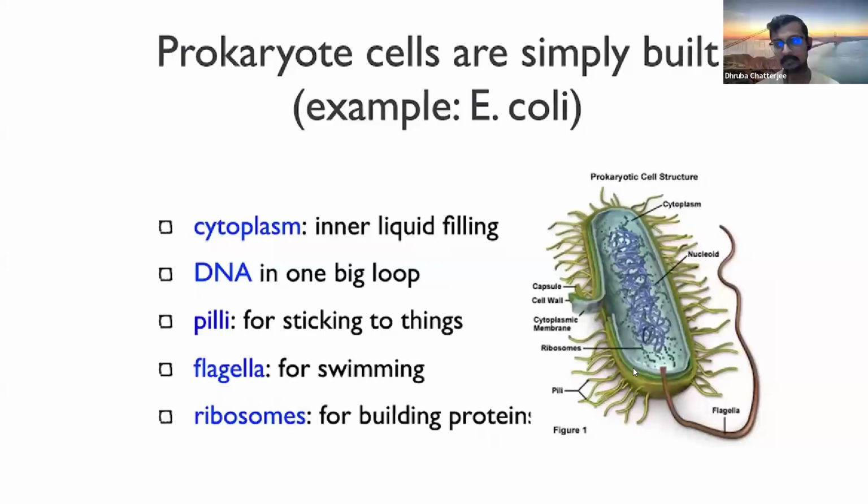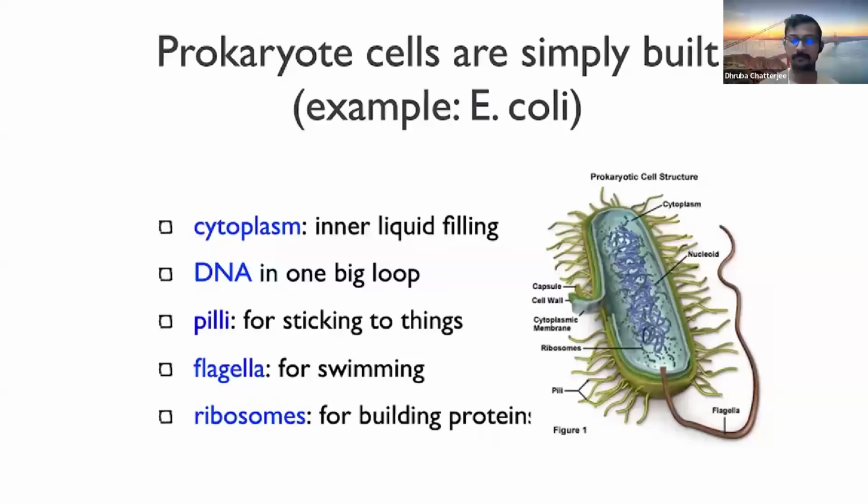This lipid bilayer membrane is called the cell membrane, and then there are additional layers that lie outside of the prokaryotic cell membrane, which are the cell wall and outer membrane that together constitute the cell envelope. Now, prokaryotes or prokaryotic cells are the first cells to form.